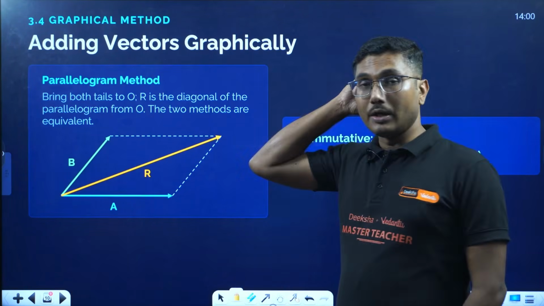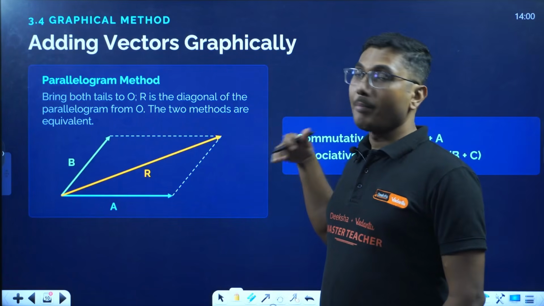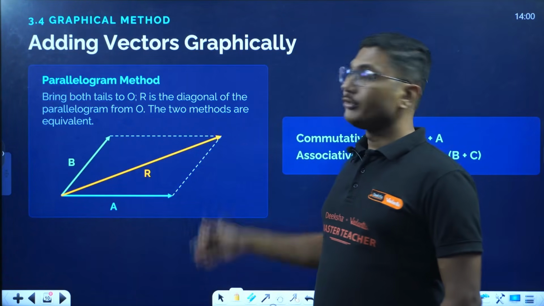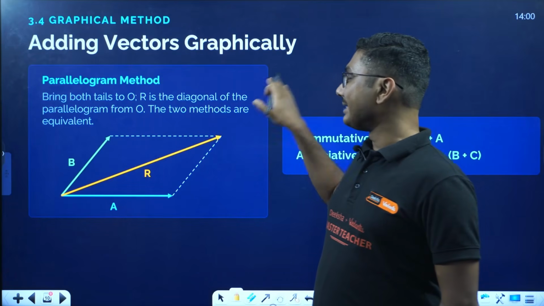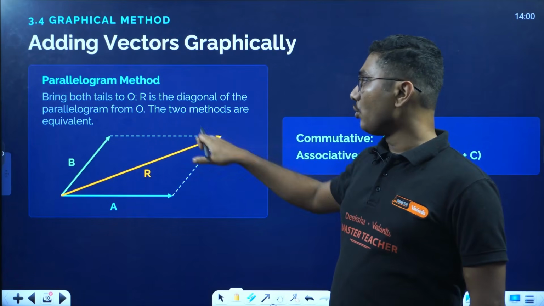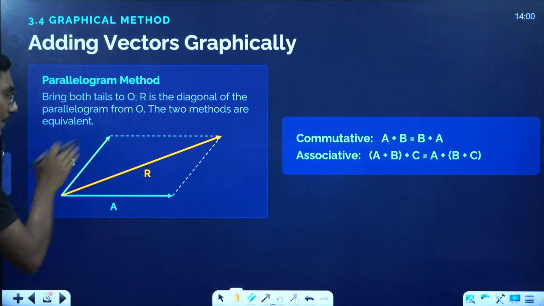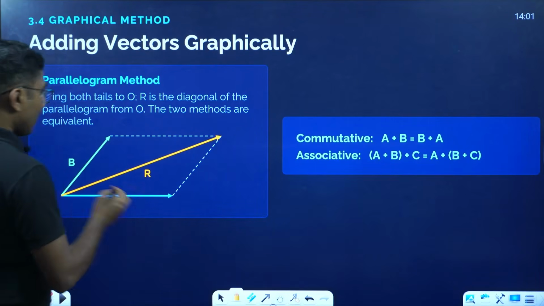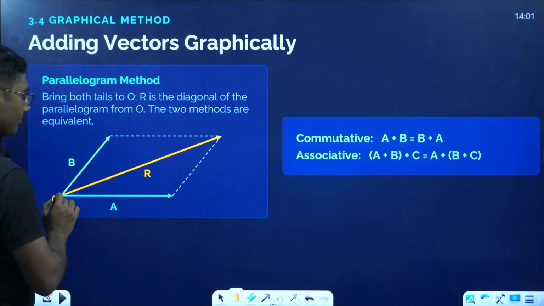Now, if you are adding vectors, there is another method of addition, which is the parallelogram law. Here you need to draw a parallelogram. Bring both tails to O. R is the diagonal of the parallelogram. The triangle method and the parallelogram method are equivalent. Both vectors need to be drawn from the same point.